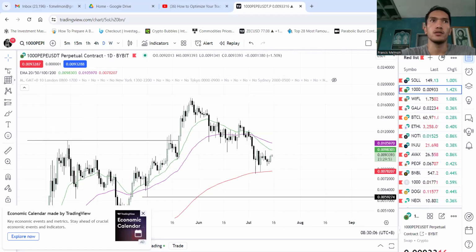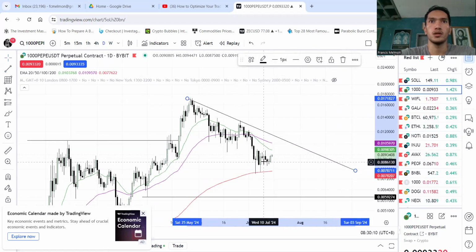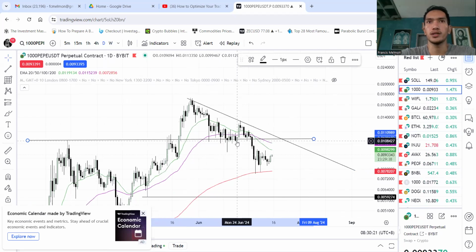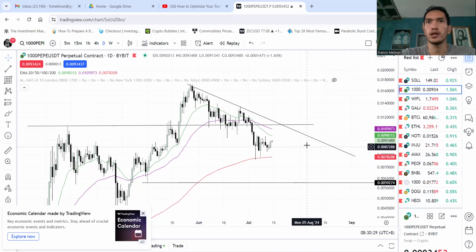Okay, and for Pepe, it needs to break this resistance. So we still have a support and resistance in this area. So we might visit this, and after that we might go down in this support area.